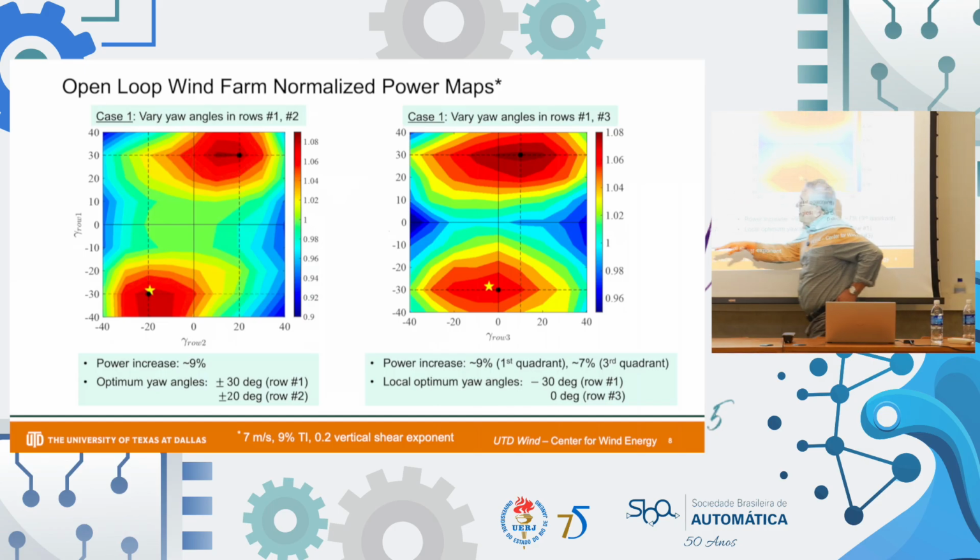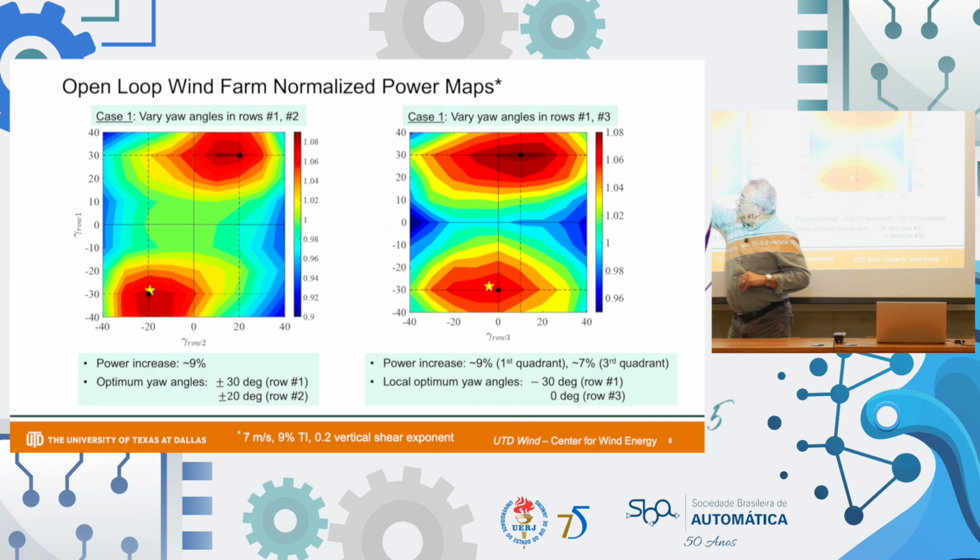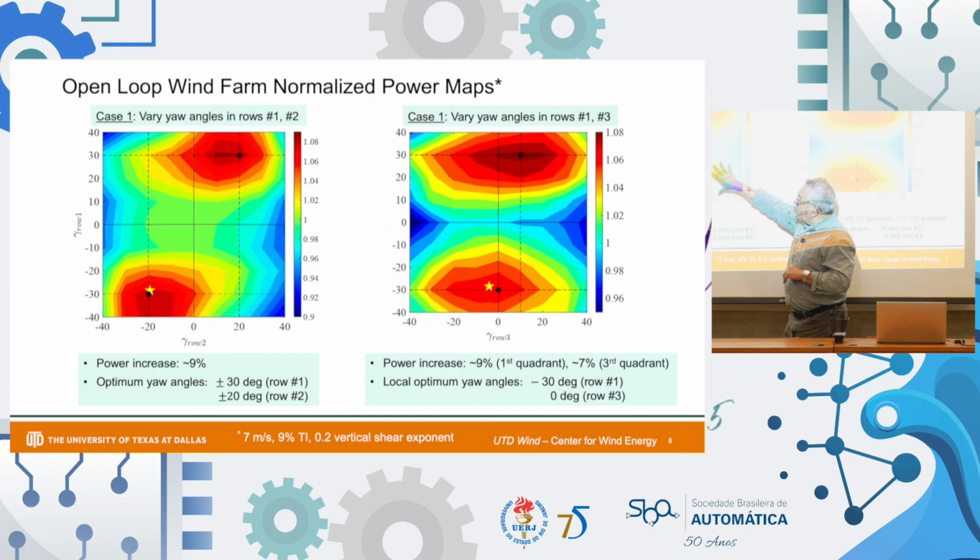In this axis, there is the yaw angle of all the turbines in row 2. In this axis, the yaw angle of all the turbines in row 1. And in the contour graph, what you see is the power when we move 5 degrees. I think we are stepping 5 degrees apart for each yaw angle.